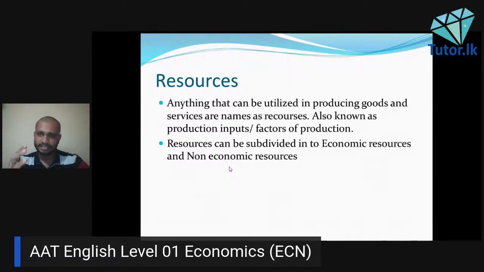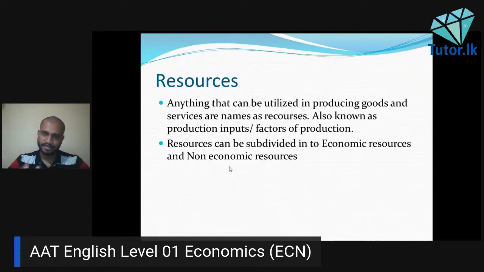So whatever they are going to utilize in order to produce goods and services are called resources. Resources can be broadly subdivided into two areas: economic resources and non-economic resources. So the points to note here: a resource is something that companies utilize for the production process, or for the delivery of a service. So those are the resources.